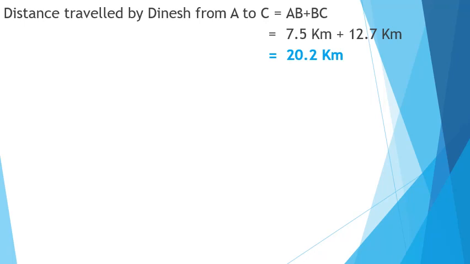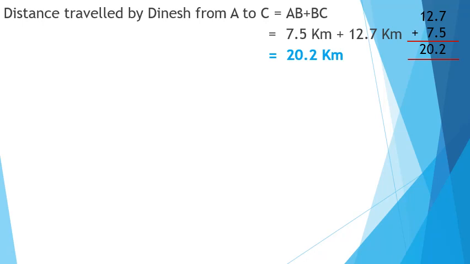Distance traveled by Dinesh from A to C equal to AB plus BC, that is equal to 7.5 kilometer plus 12.7 kilometer, gives 20.2 kilometer.